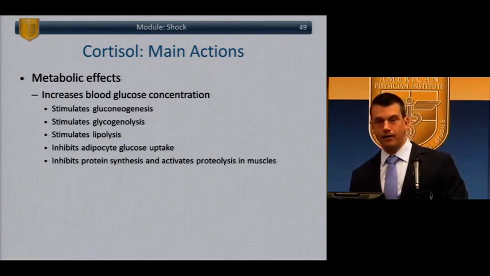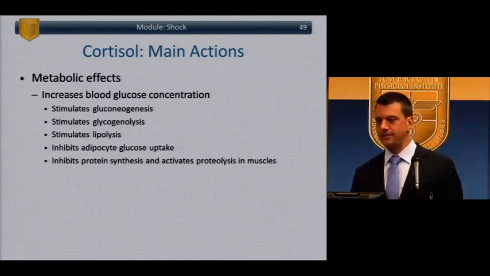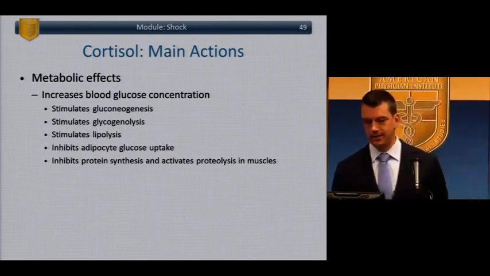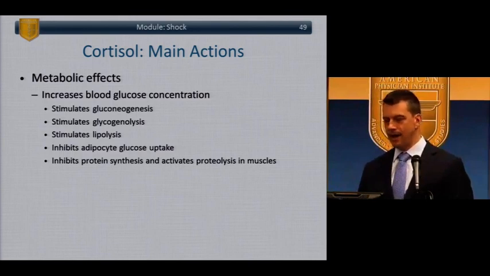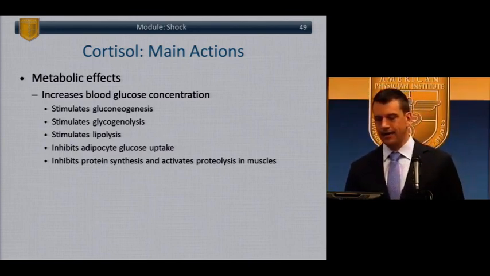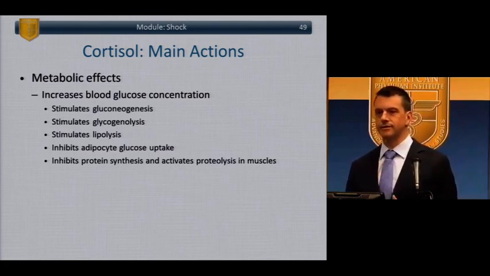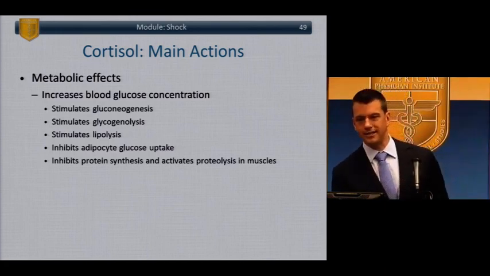It has metabolic effects. Again, this comes to the rescue and increases blood glucose. It stimulates gluconeogenesis, glycogenolysis, and lipolysis. It inhibits glucose uptake in the fat cells, and it inhibits protein synthesis, which diverts some of those amino acids toward gluconeogenesis as well.